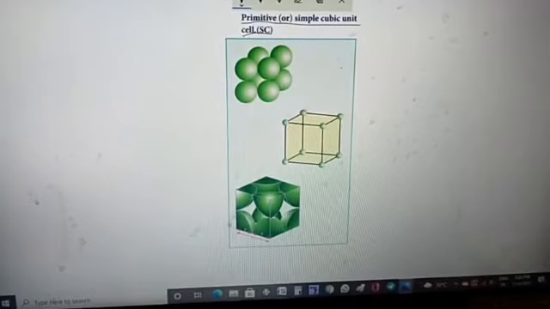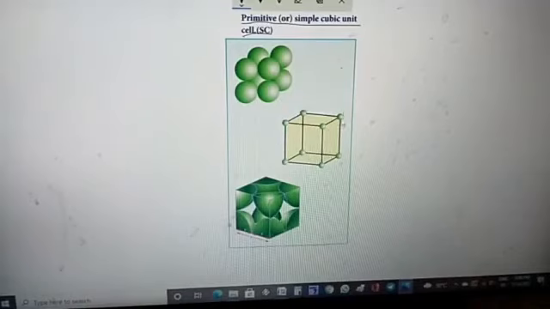Now here they gave 3 types of representations. You can clearly observe. This is called the open structure. What is this open structure? Open structure represents the centers of the particles which occupy the positions, but not their actual size.